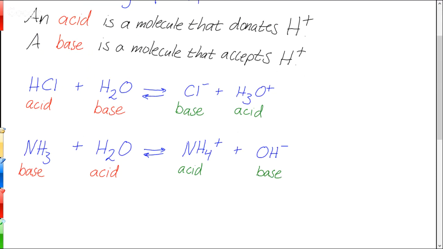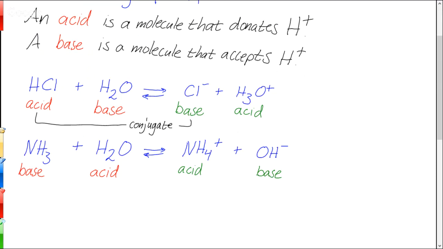And we have a special word for that, and the word is conjugate. So whenever you have an acid on one side of an acid-base equation, there's going to be another molecule on the other side made up of mostly that same thing, except for the H+. And we call those two things conjugates. So this acid and this base are conjugate because they only differ by H+.